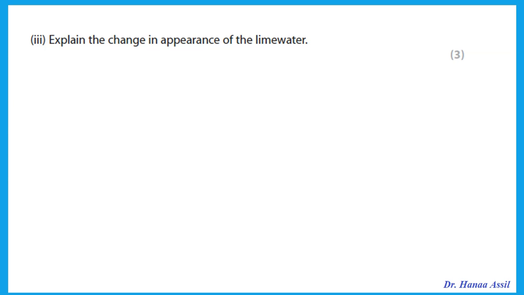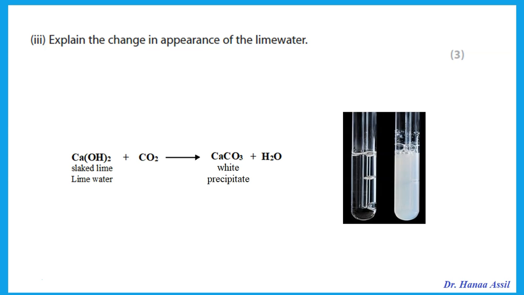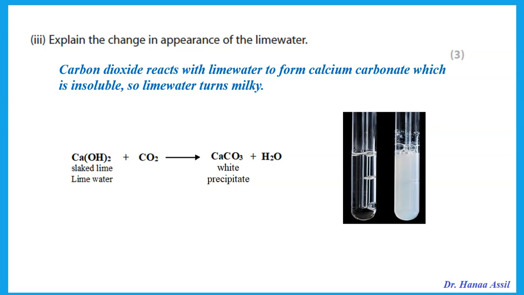Explain the change in the appearance of the lime water. What happens to the lime water? You should remember that. We're passing carbon dioxide gas through it. The lime water becomes milky. Now, why does it become milky? You should remember that. Carbon dioxide is acidic.